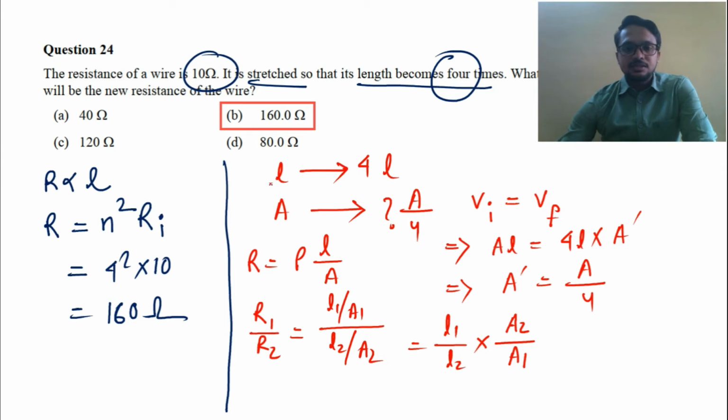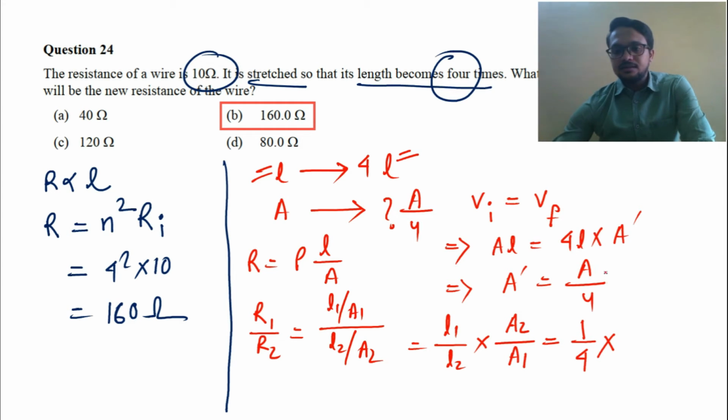L1 by L2, this is L1 and this is L2 final, means 1 by 4, into A2 by A1, where A2 is A by 4. So A by 4 by A, A cancelled out, gives 1 by 4, so we are getting 1 by 16.